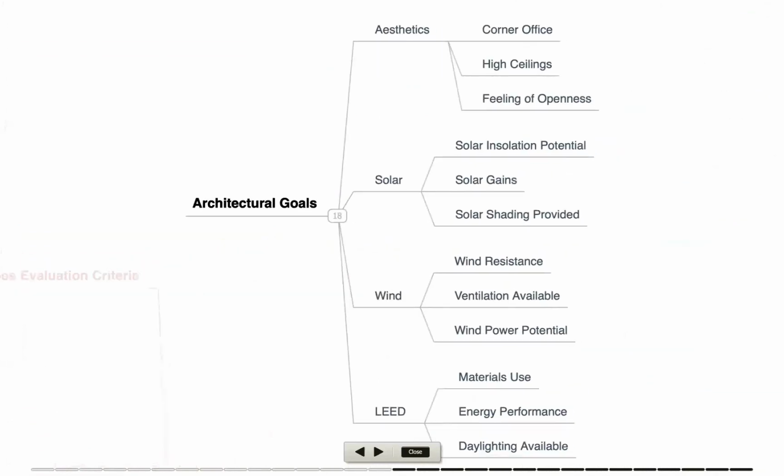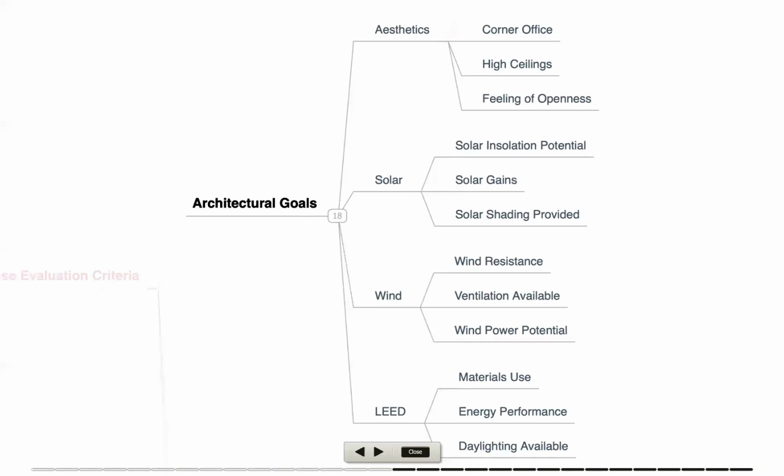So if we think about the evaluation criteria, we might be thinking about some of our architectural goals. Aesthetically, we could think about the number of corner offices, how high the ceilings are, how open the space feels. We could think about things like the solar insolation potential, or the potential for solar gain that we have to guard against, or whether the design provides some solar shading.